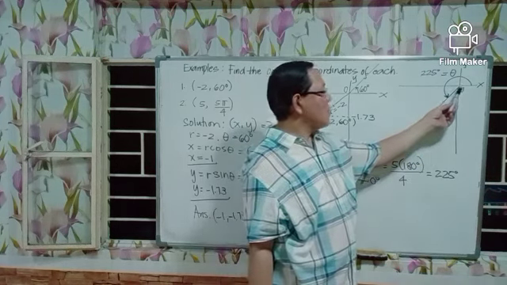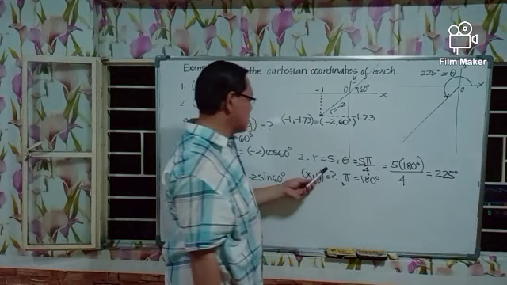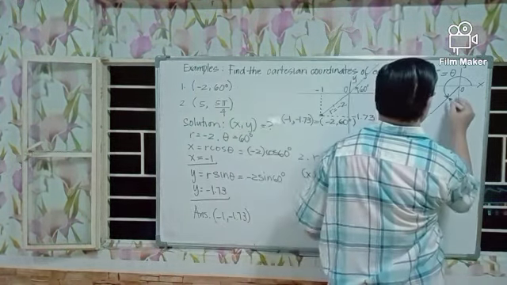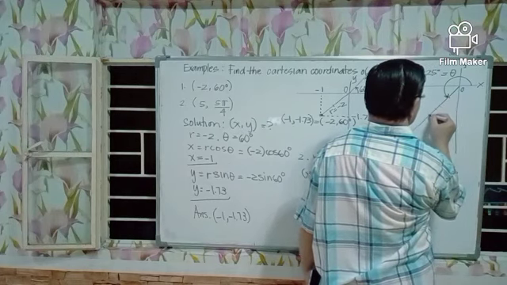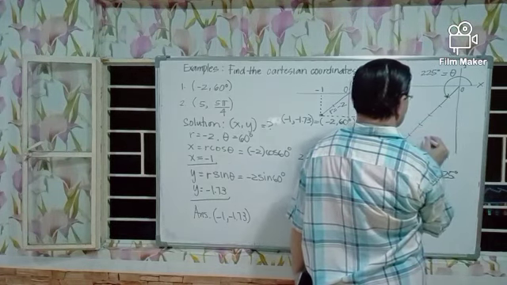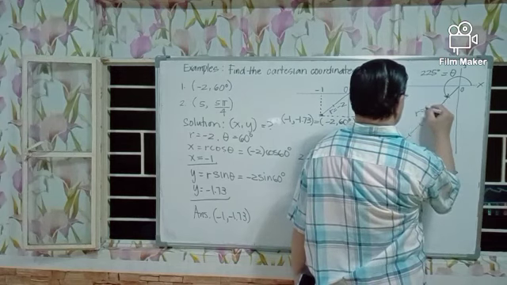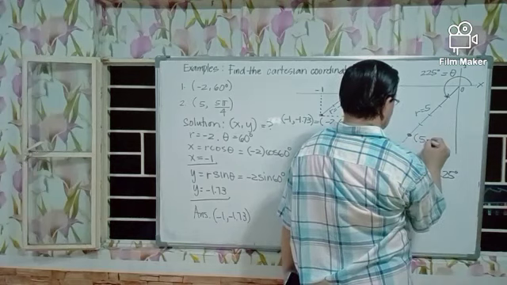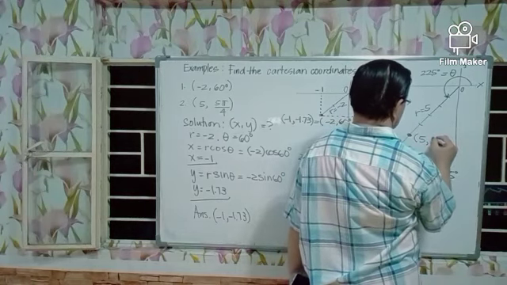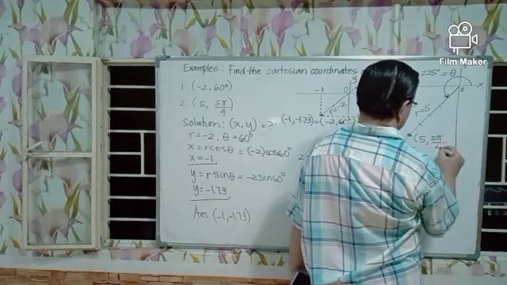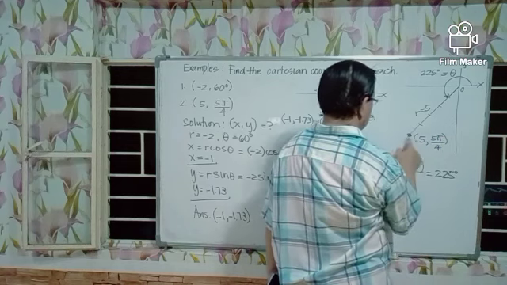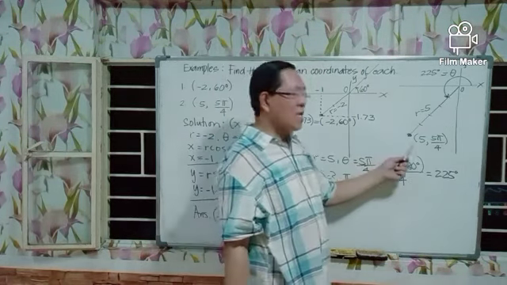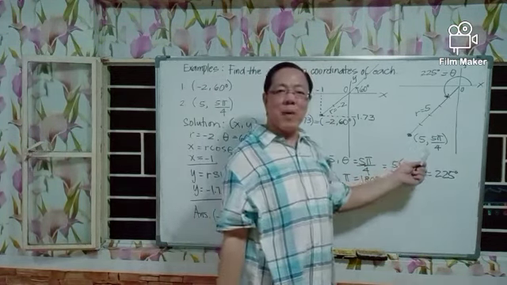And from the origin, we now count r units, which is equal to 5 units. Thus, this is the point with the given polar coordinates 5 and 5 pi over 4.